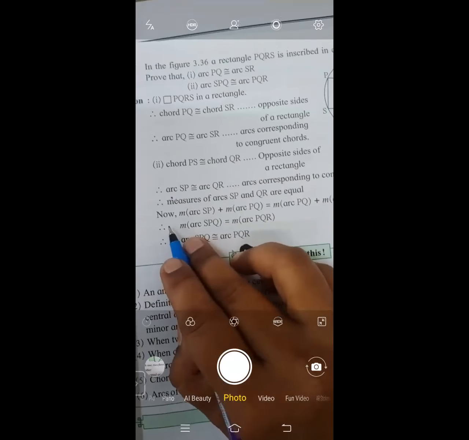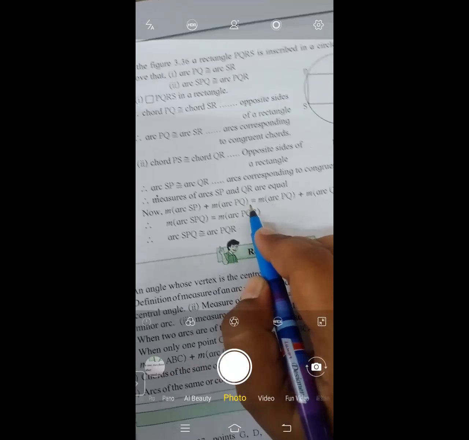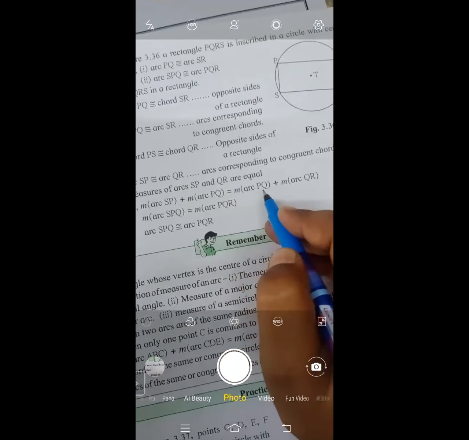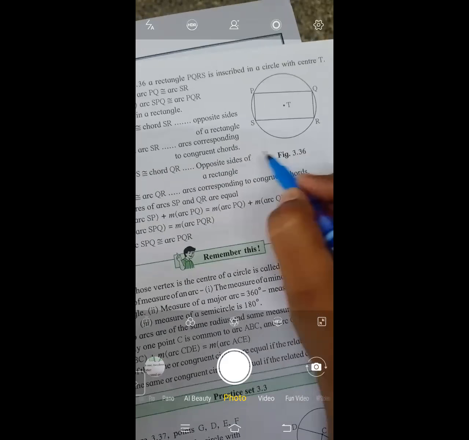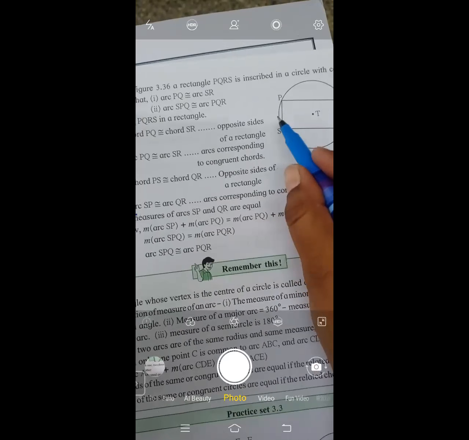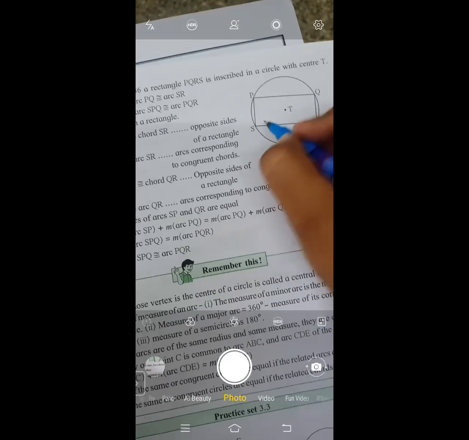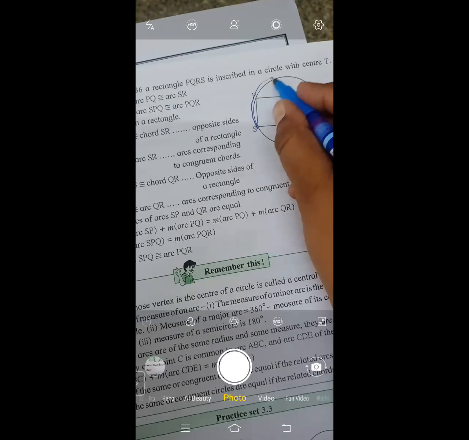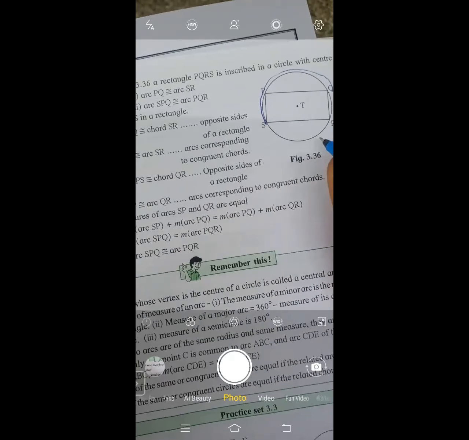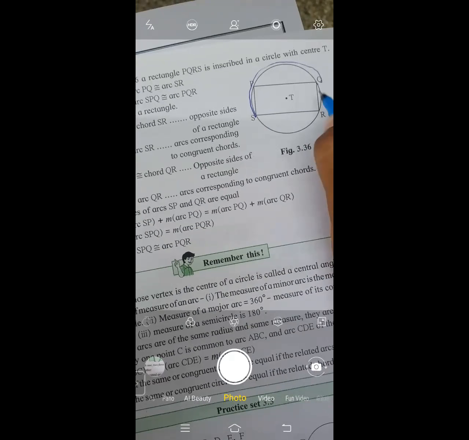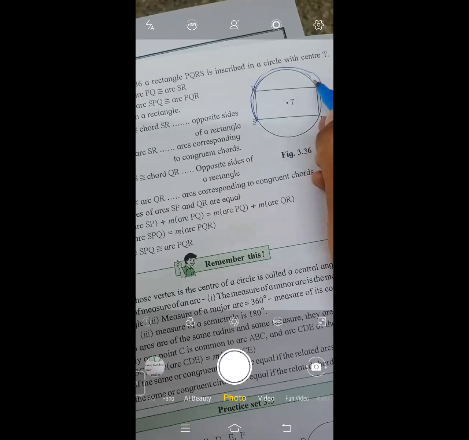Now, measure of arc SP plus measure of arc PQ is equal to measure of arc PQ plus measure of arc QR. Now you can see this is measure of arc SP and measure of arc PQ. So we have covered this part of the circle, SP and PQ, is equal to PQ plus QR.